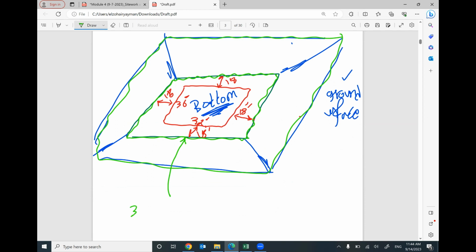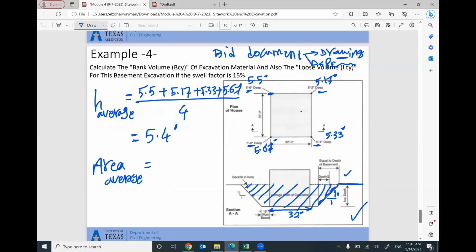It will be 32 feet plus 18 inch plus 18 inch times 36 feet plus 18 inch plus 18 inch. Do you agree? This is the area at the bottom of your excavation. Keep in your mind this width from here to here. It's not the width of your building only 32.